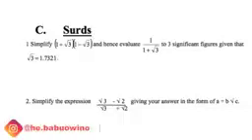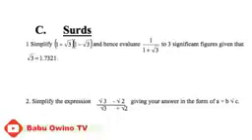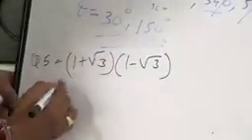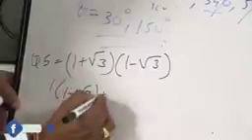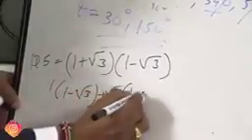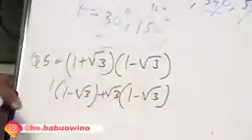This is surds. 1 plus root 3 and 1 minus root 3, these surds are conjugates of one another. Therefore, you just expand it. When you expand it, you write 1 into 1 minus root 3 plus root 3 into 1 minus root 3.